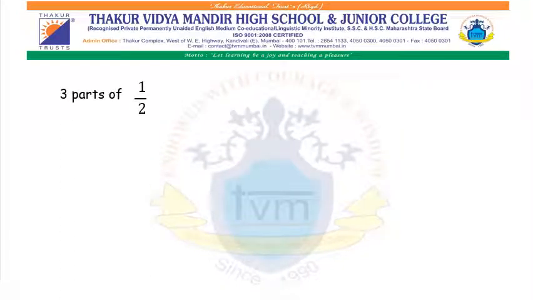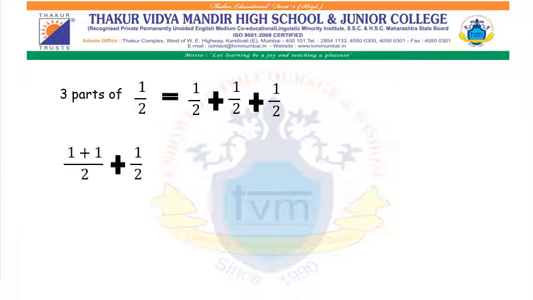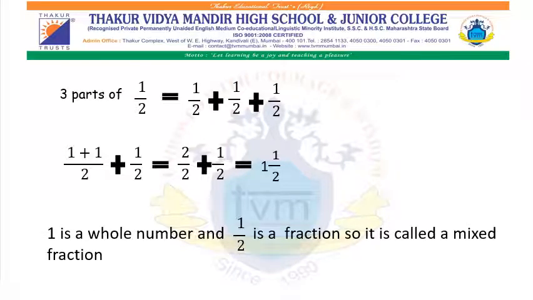So, 1/2 plus 1/2 plus 1/2. If you do the addition, you will get 2 upon 2 plus 1 upon 2. Now you know that 2 upon 2 is 1. So 1 whole number and half. So this type of fractions are called mixed fraction. So 1 is a whole number and half is a fraction.